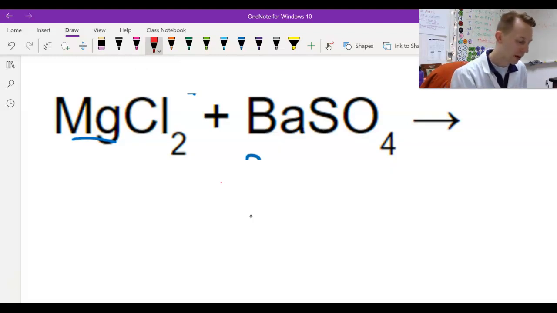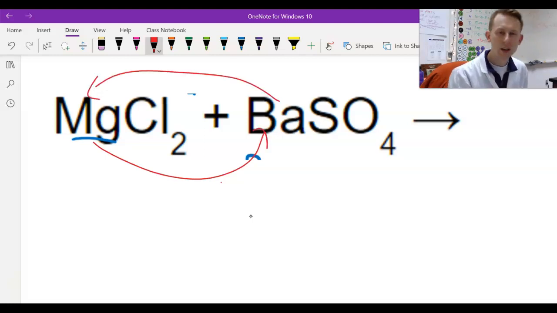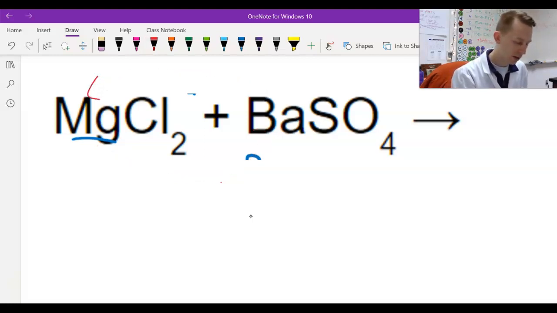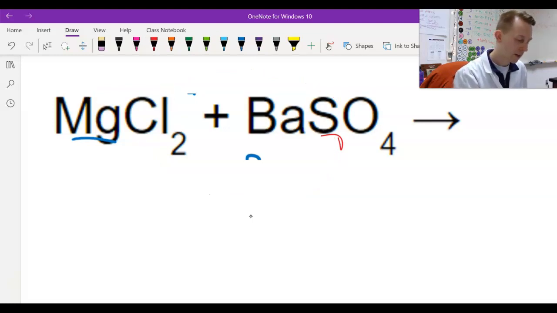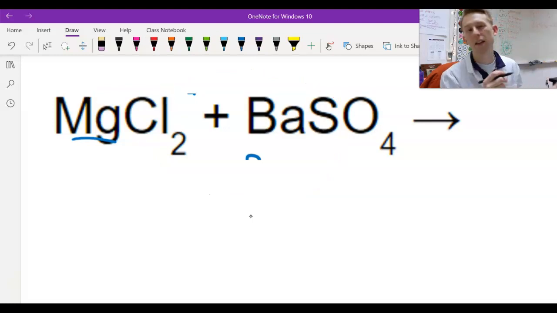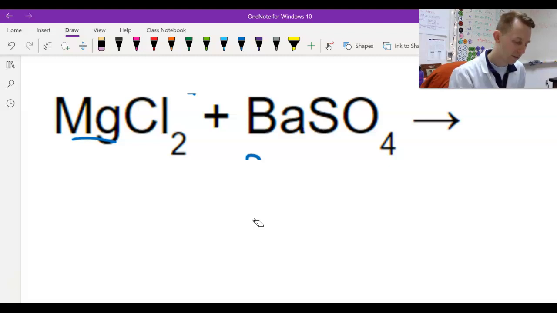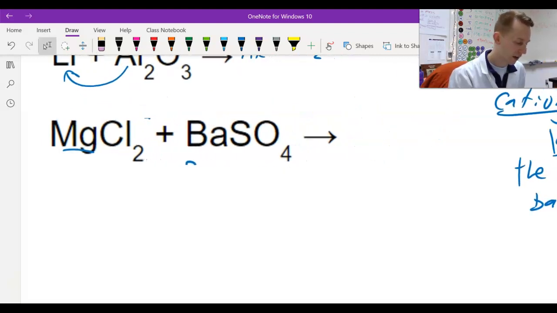So hopefully you picked magnesium and barium are going to swap places. Another way to think about it is the chlorine and sulfate are switching places. The cations are switching and the anions are switching. Whichever way you look at it, that's fine.